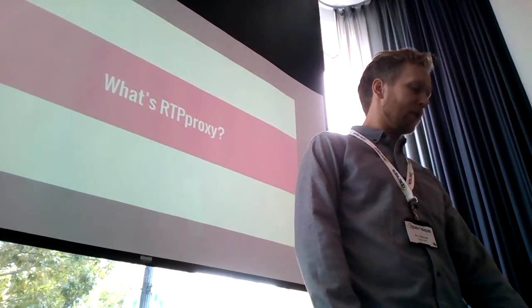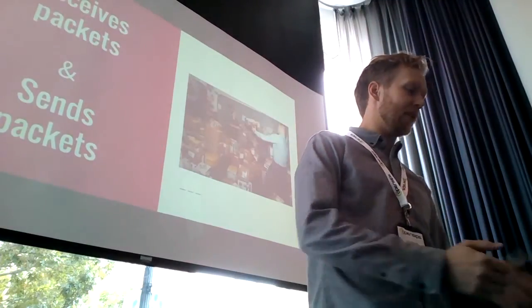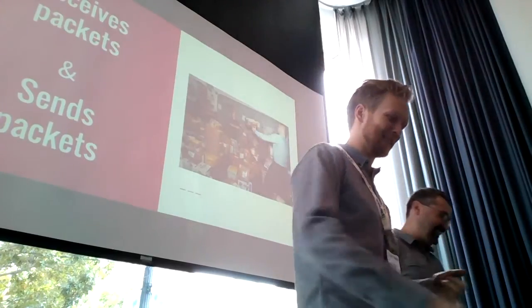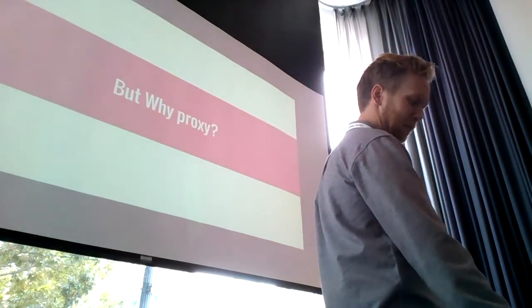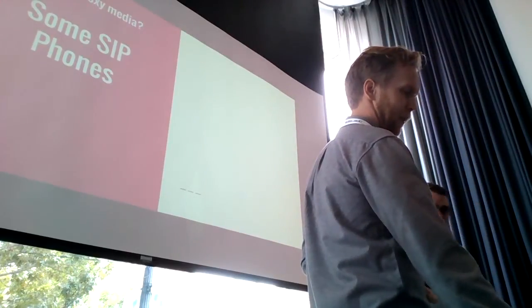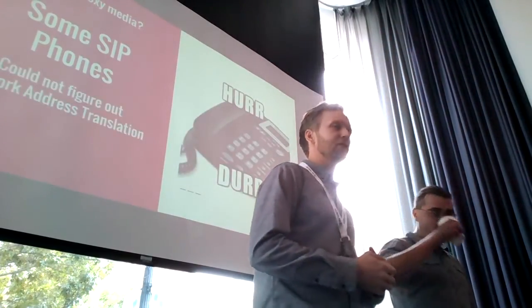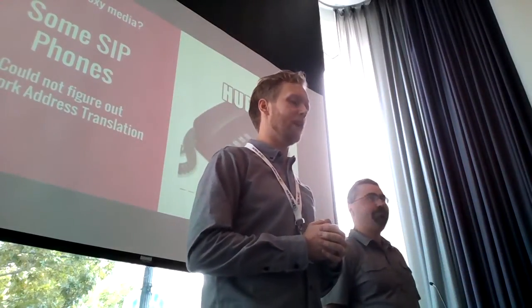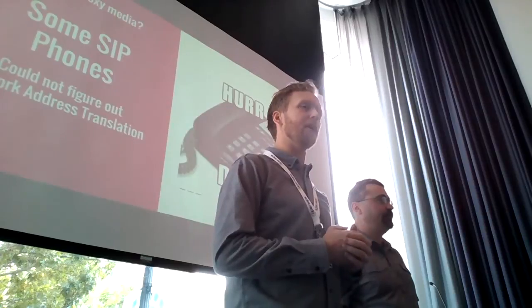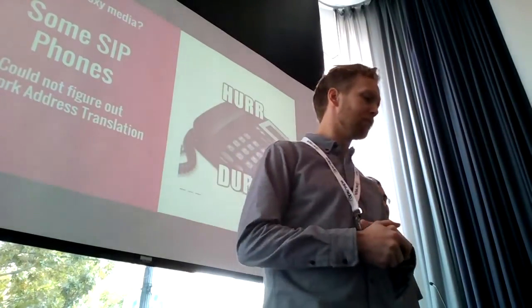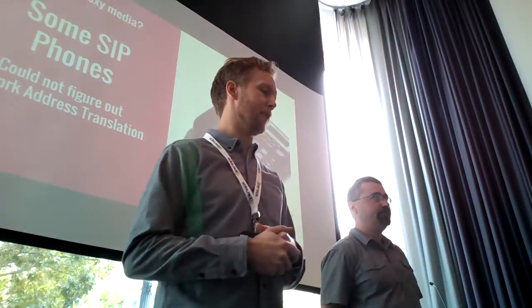So what's RTPProxy? It's a network proxy generally for video and voice, but I'm speaking at OpenSIPS Summit, so you guys know this. A bit about the backstory. The first use case for RTPProxy was network address translation. Originally, some of the early SIP user agents didn't know things like STUN or ICE or TURN, so they couldn't deal with network address translation firewalls.